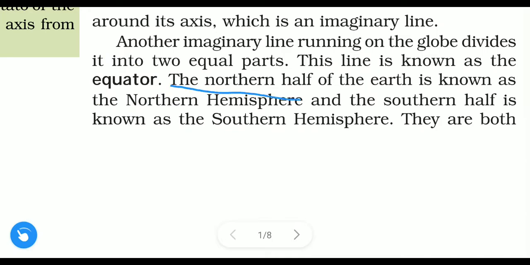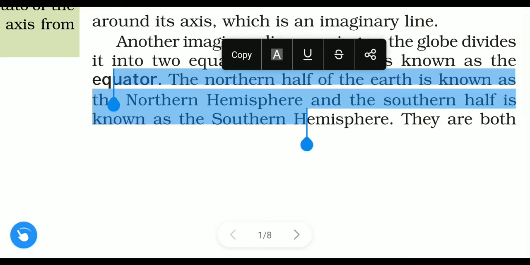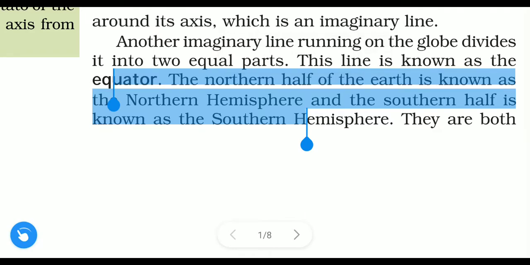The northern half of the earth is known as the northern hemisphere, and the southern half of the globe is known as the southern hemisphere. So just remember, the second imaginary line is called the equator, and it divides the earth into two equal parts. The first one is the northern hemisphere, and the second one is the southern hemisphere.